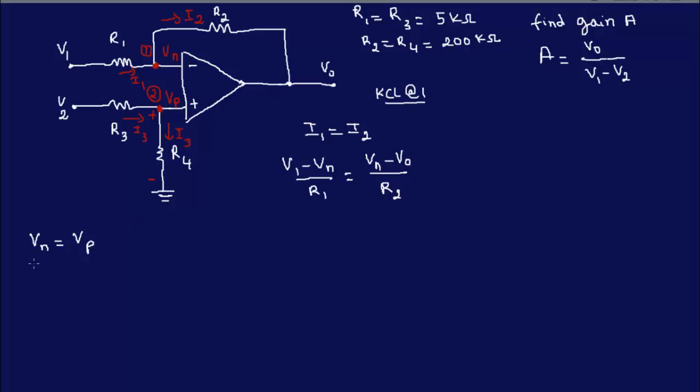So Vp is R4 over the sum of the resistors, R3 plus R4, times the source voltage, which is here V2. Oh, this is a 4 here. Hold on.